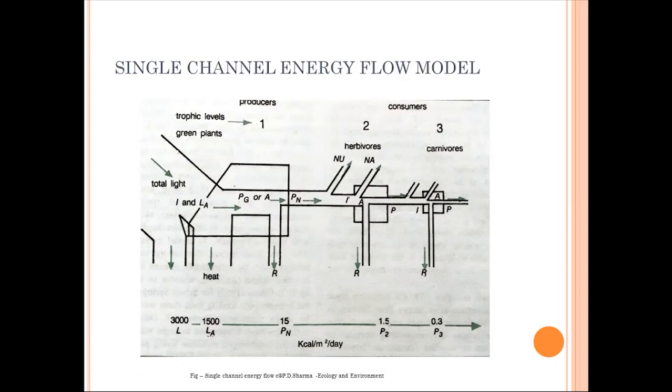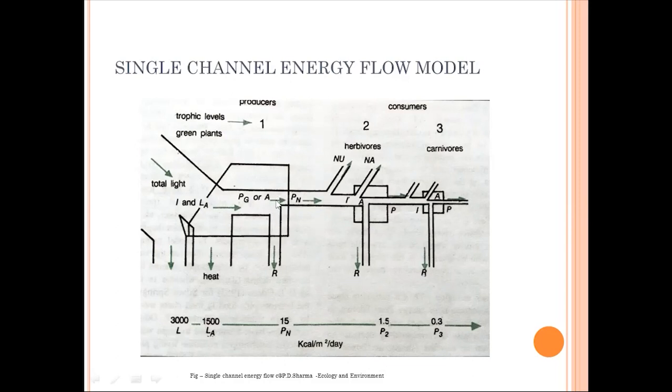So the rate at which solar energy is captured and converted into carbohydrates during photosynthesis is gross primary production. And A here is the total energy assimilation by the green plants.